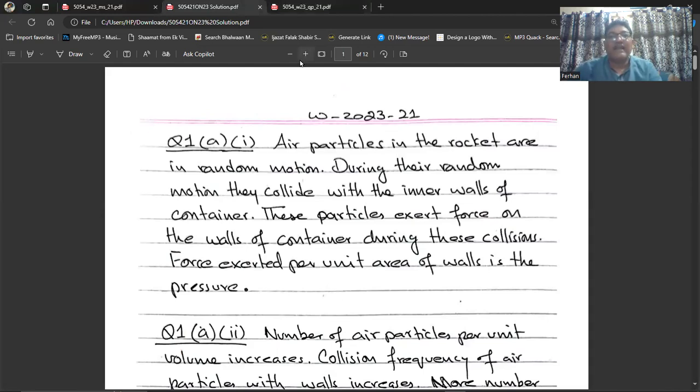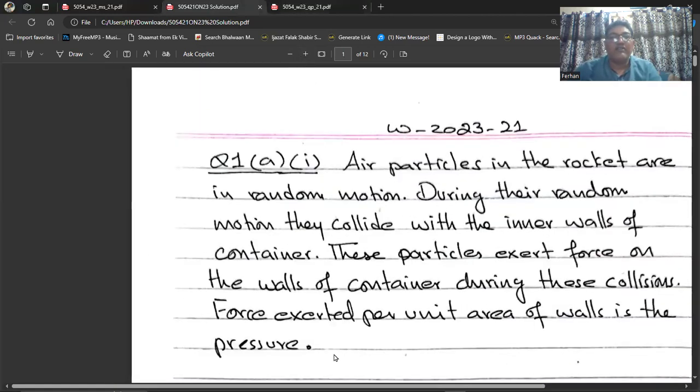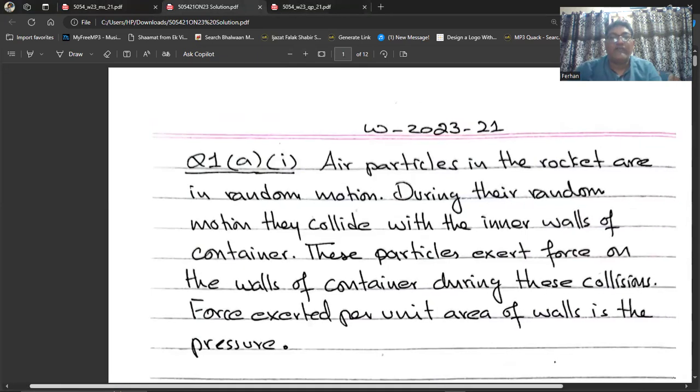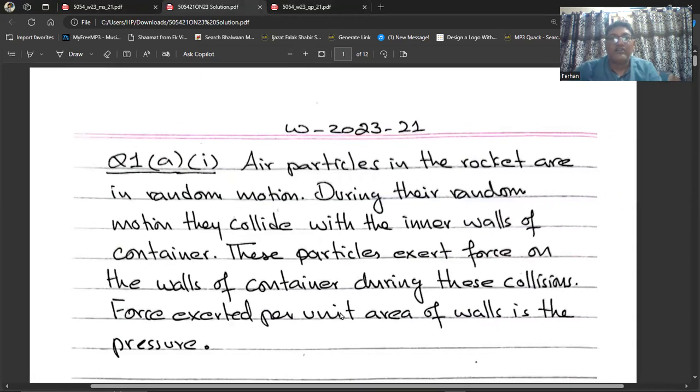I have written this answer as well, and let me read it to you. I have tried to write the answer. You can obviously write a better answer. Air particles in the rocket are in random motion. During their random motion, they collide with the inner walls of the container. These particles exert force on the wall of the container during these collisions.